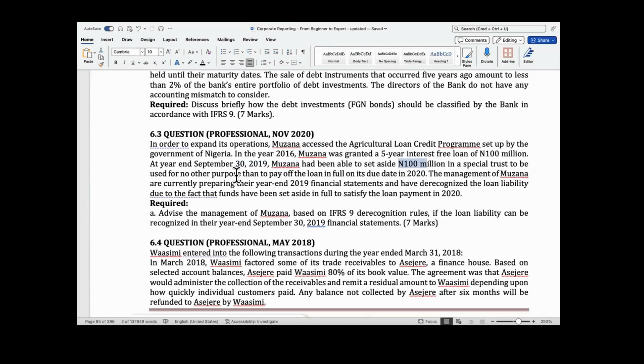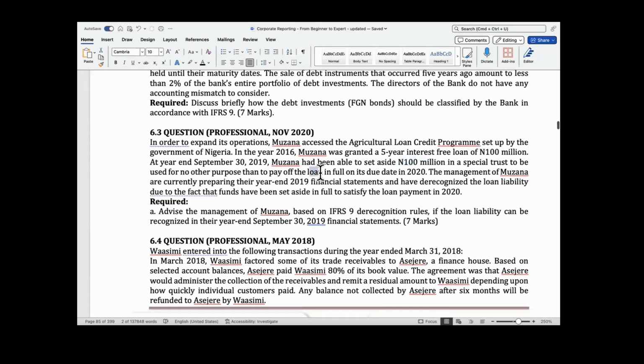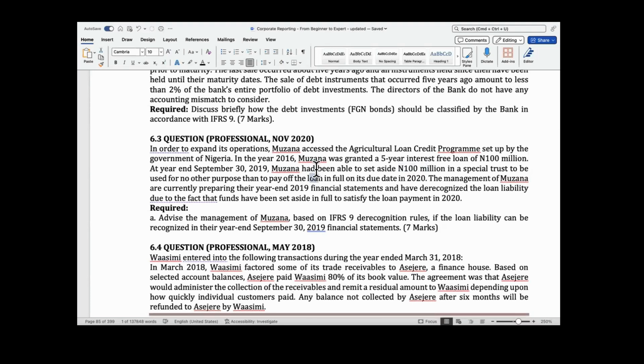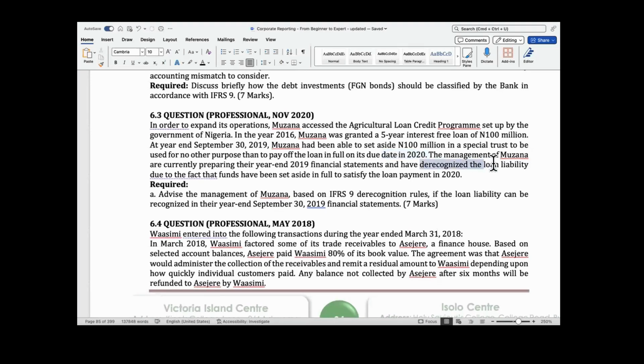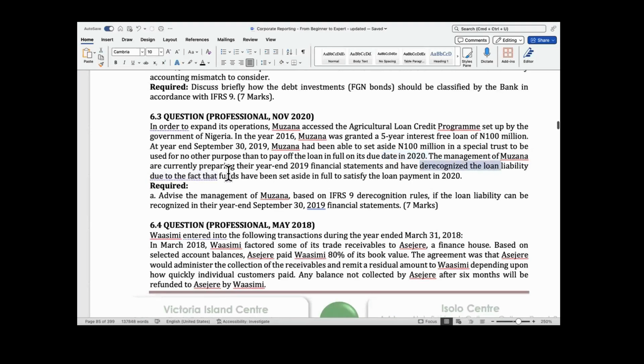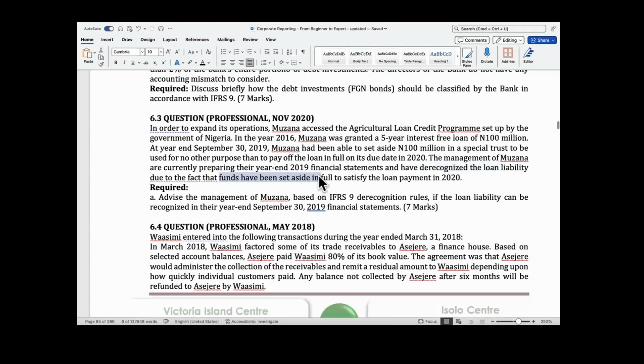The purpose of this is to pay off the loan. Not that he paid the loan, but he set money aside to pay, so that as soon as the due date comes, he just pays. So what Muzana did was that since they believe they have set money aside, they derecognized the liability.